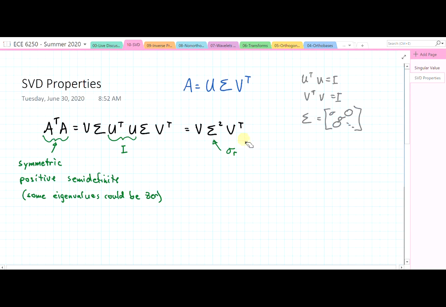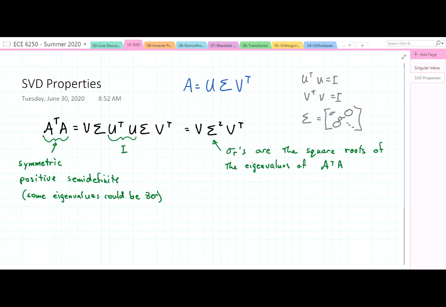Okay, so here we have the sigma r's are the square roots, positive square roots, of the eigenvalues of A transpose A. Because with A transpose A, we just have our symmetric, positive, in this case semi-definite matrix.